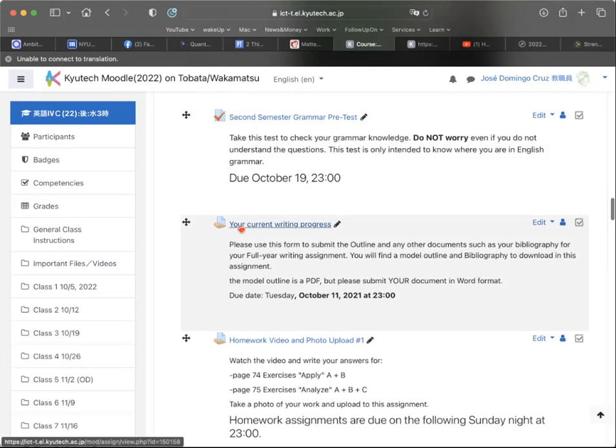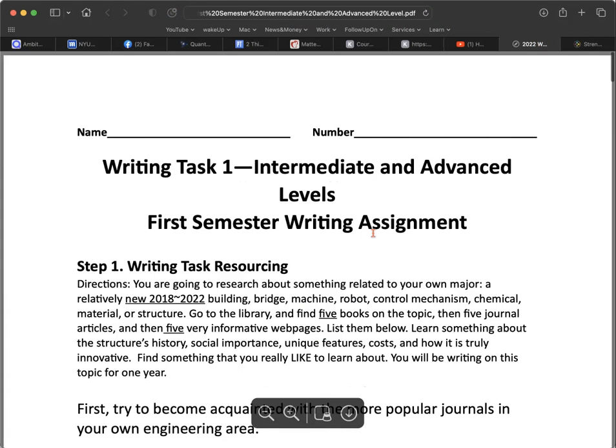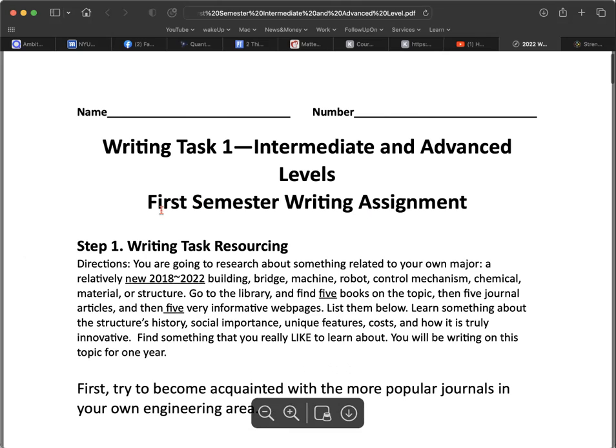You also have your current writing progress. Now, this is something that you want to make sure that you listen to because it might be hard to understand. Last semester, you started working on a paper to do research, read books, check URLs, check journals, and you used this document, okay? Remember this document, the first semester writing assignment?